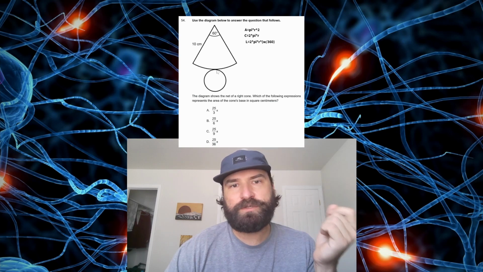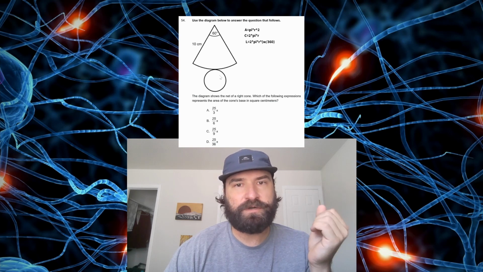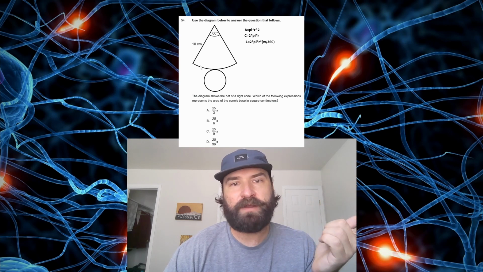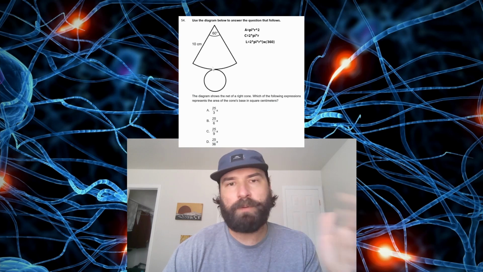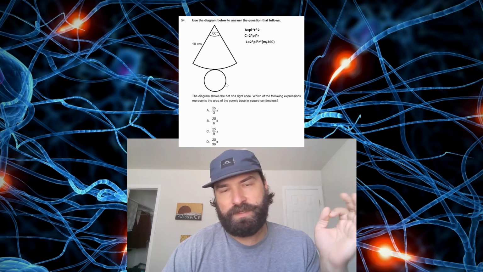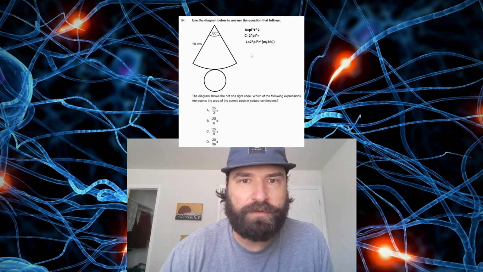The way r is related to this other stuff is that we have to find the circumference of the circle, and we can find it by finding this arc length first. It's a bunch of steps, but they'll help us arrive at our answer. The first thing I want to do is find this arc length.